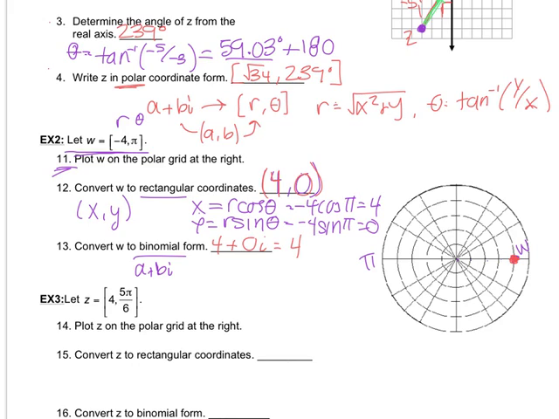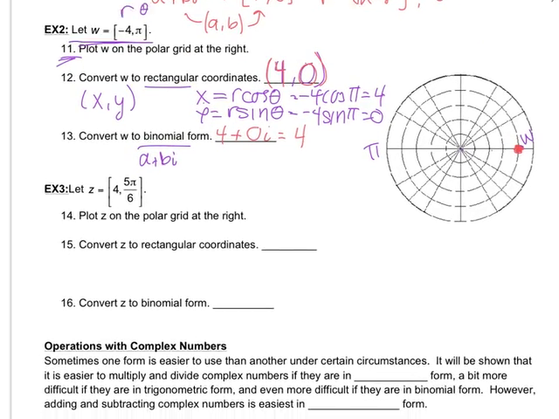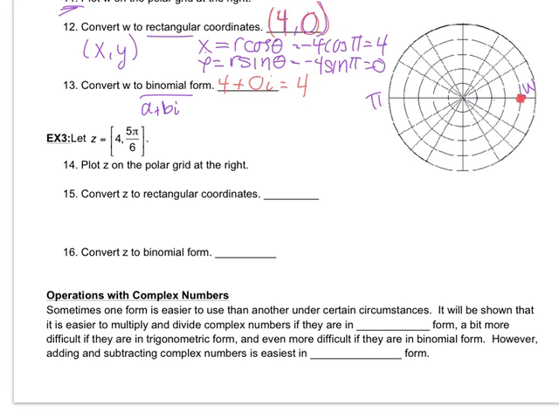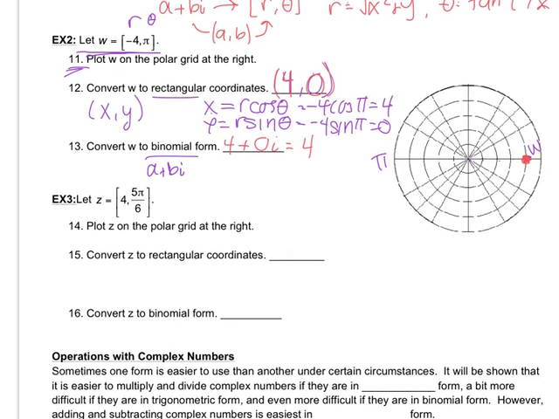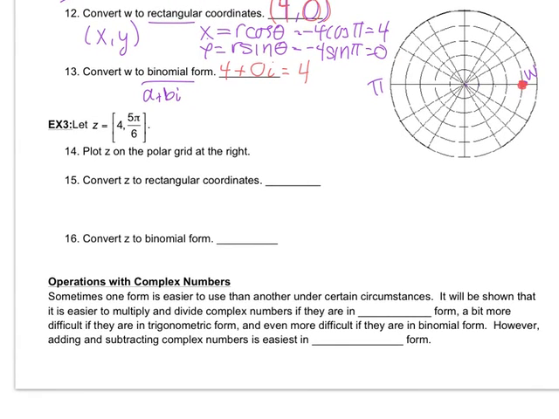Alright, so we'll do one more and just convert one more polar coordinate to binomial form. This one's not as easy. We wouldn't be able to just figure it out from where it is on the polar grid. So if we graph our point Z, 5 pi over 6 is our angle of rotation.